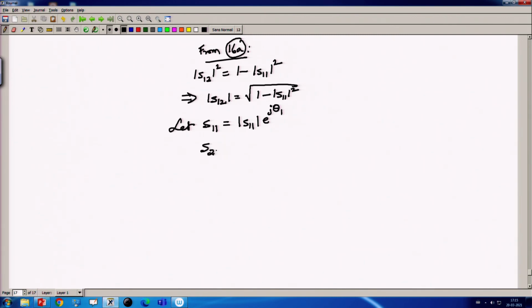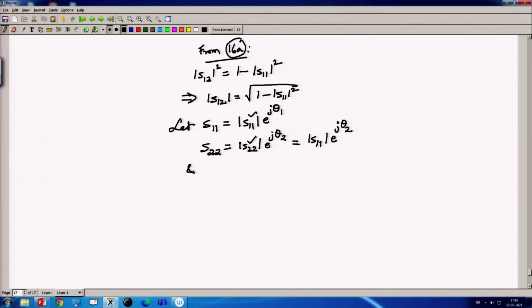And S22 equal to, because S11 and S22 their magnitudes are the same, we can write this as mod S11 e to the power j theta 2.